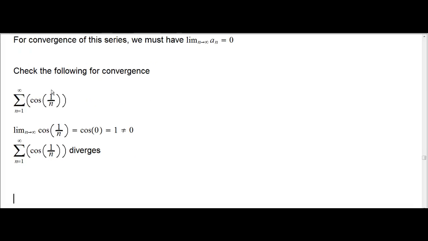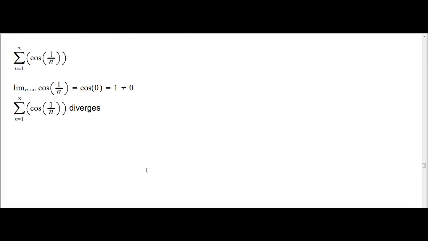Now, but say instead of this I had sine of 1/n, is that clear? Yeah. In here, what happens if I am looking at that? Then this will change to sine of 0, and that is 0.